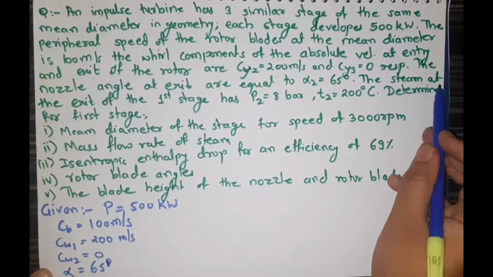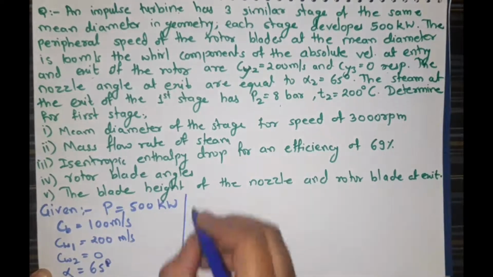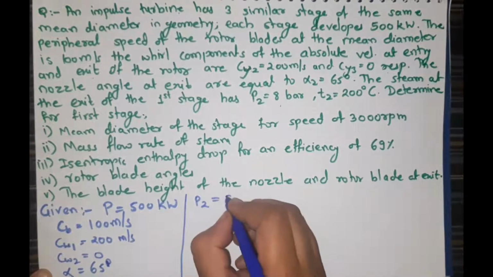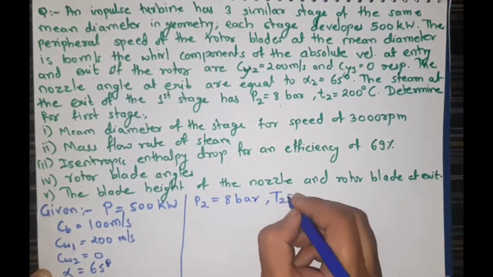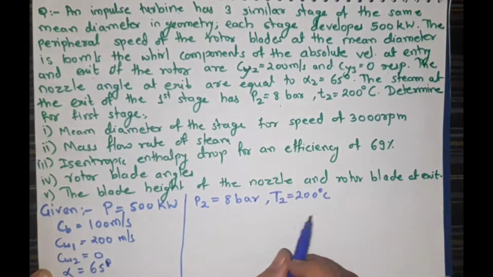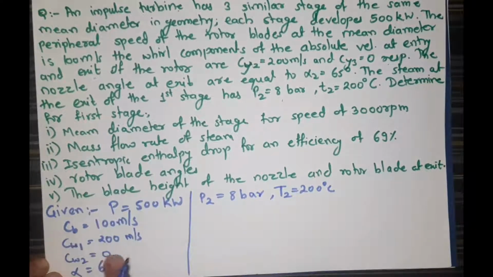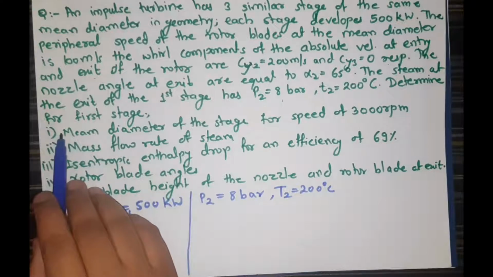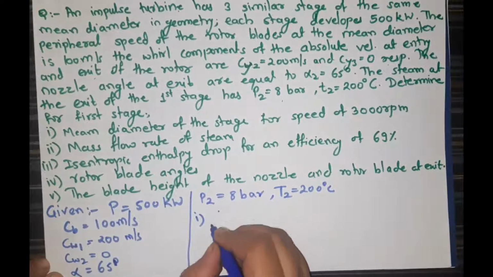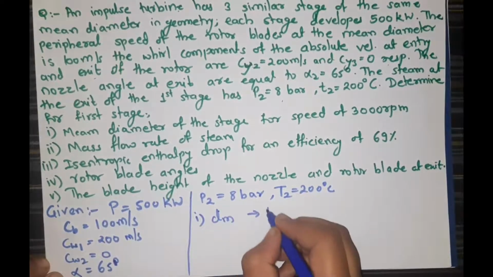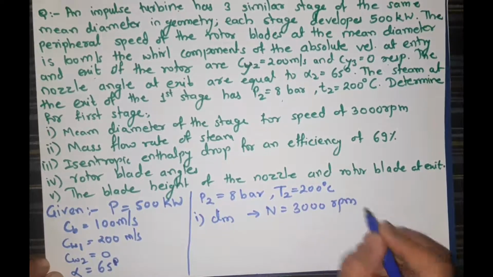The steam at exit of the first stage has P2. Here it is given that the pressure P2 is 8 bar at the exit of the first stage, and the temperature is also given as 200 degrees Celsius. Determine for the first stage, considering that these are all for the first stage, what we are supposed to find. First one is the mean diameter of the stage, that is dm, when the speed is given as 3000 rpm.